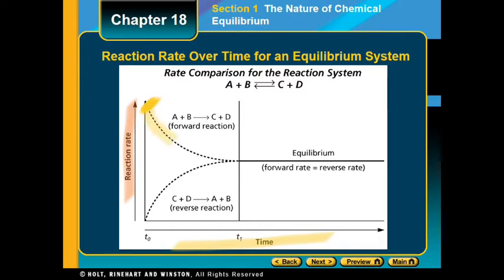They start to react to give you C and D. You have no C and D to start with, so that's why it's at 0. But as C and D are produced, you can see their reaction rate starts to increase. Eventually you hit an equilibrium position between the two, so the forward and reverse rates occur at equal rates.